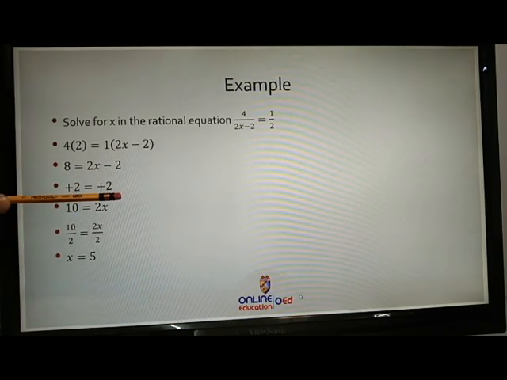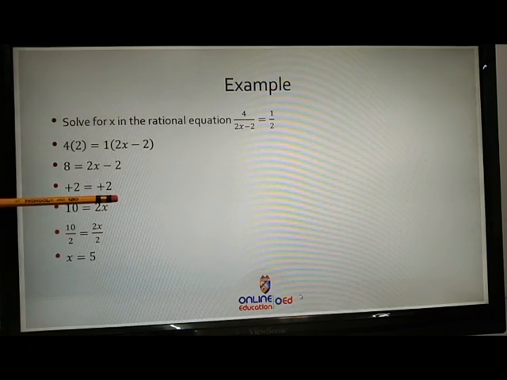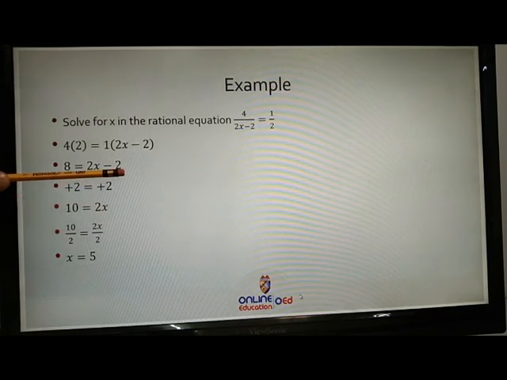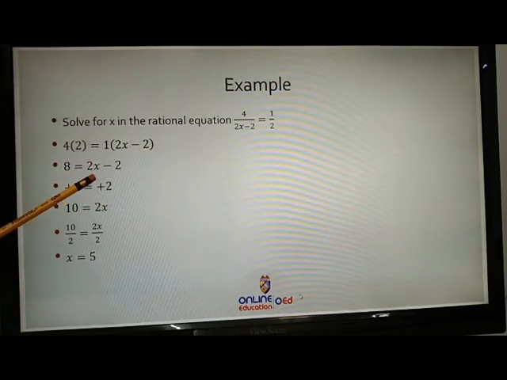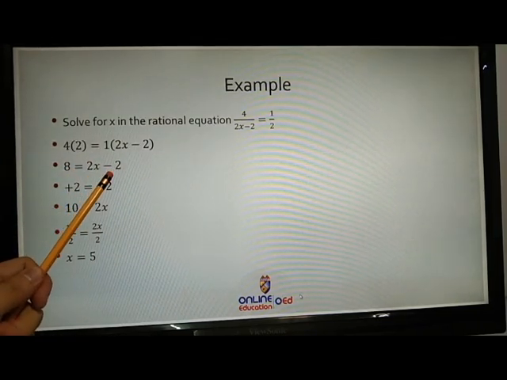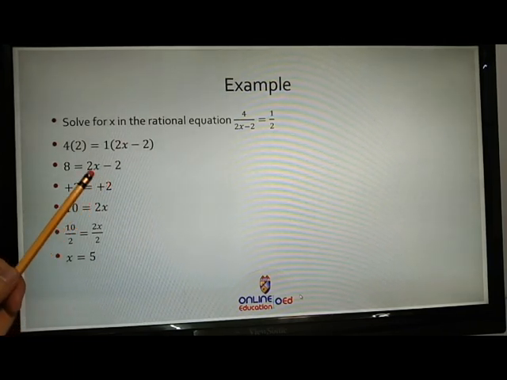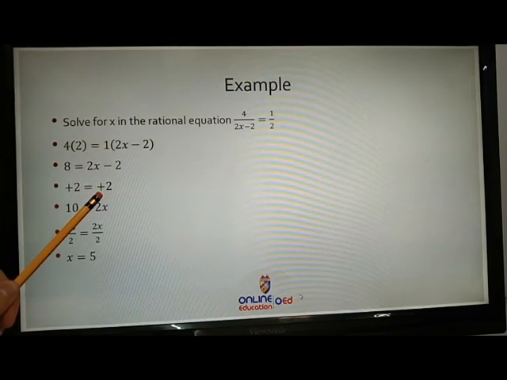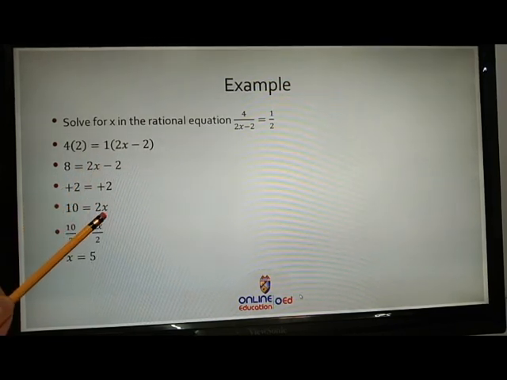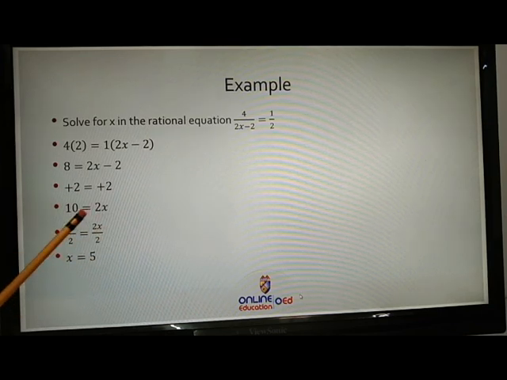Okay, so next step, we add 2, or meron tayong plus 2. This is to eliminate the constant term on the right side. So ito yung right side natin ng equation, and we have to eliminate negative 2 para matitira na lang ay 2x. So for us to be able to eliminate negative 2, add tayo ng positive 2. Negative 2 plus 2 is 0, so matitira 2x na lang. And then 8 plus 2 is 10, so 10 is equal to 2x.